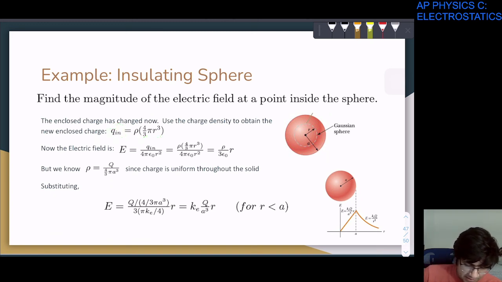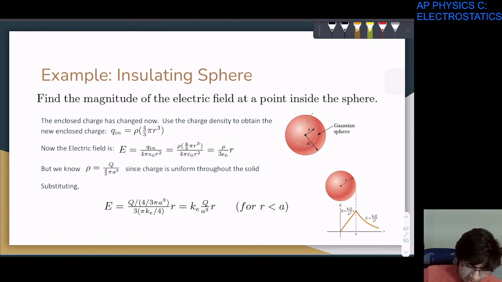And now, if you just substitute this in, and keep everything else the same, we still have 4 pi r squared as our surface area. We end up getting this expression here. And then we can substitute a little further.